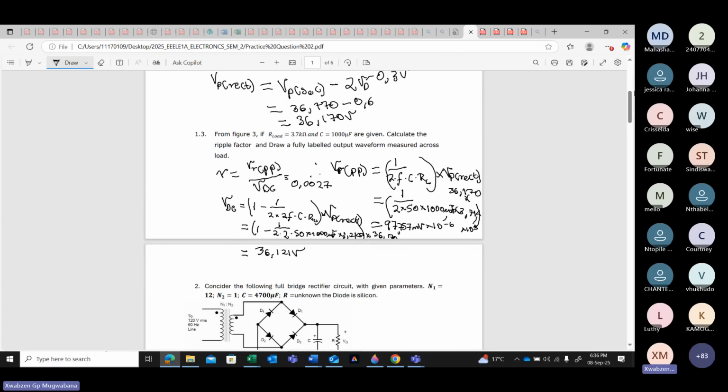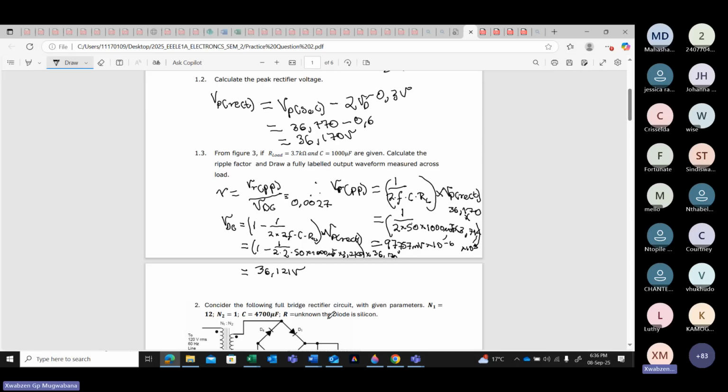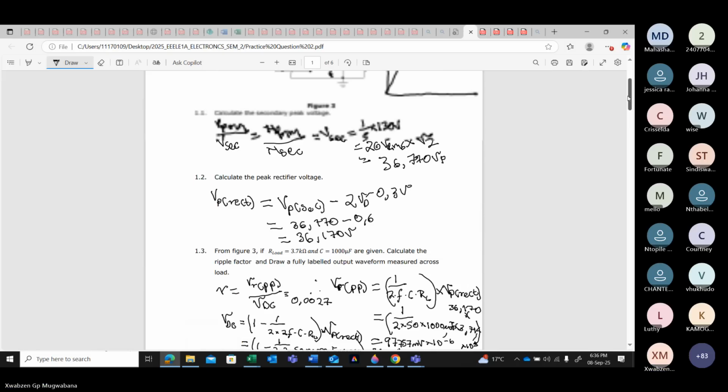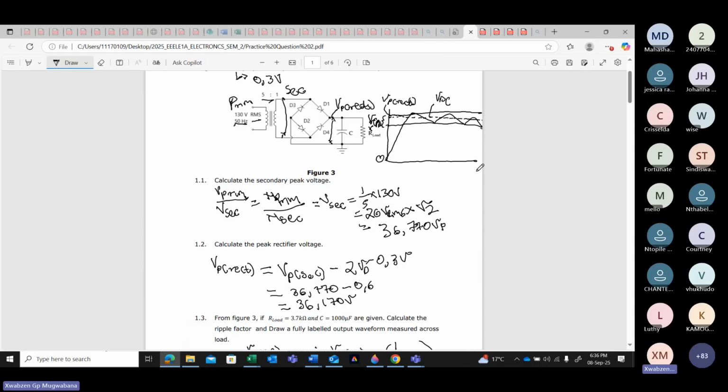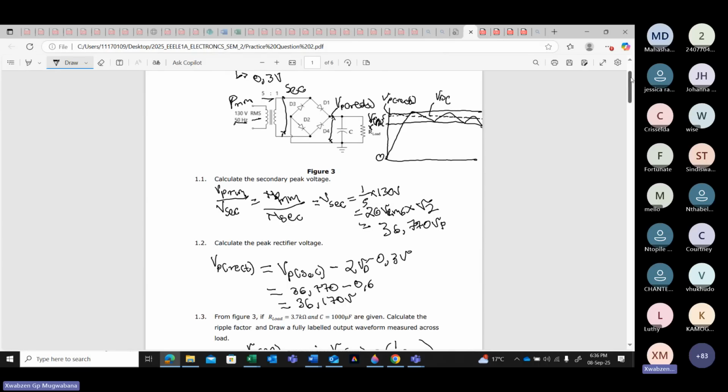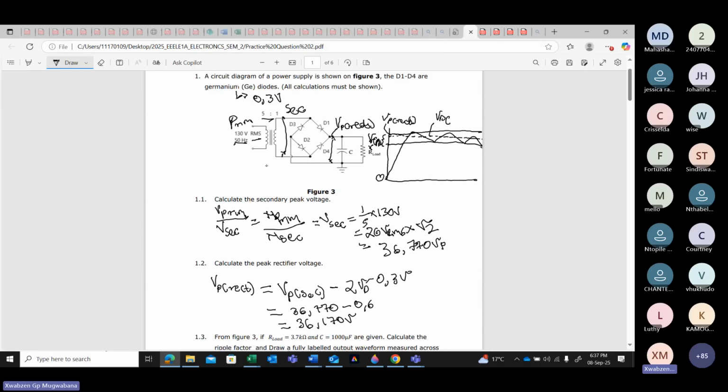Then my VDC, this VDC value here. There is your graph that you need to do, which is question 1.3.